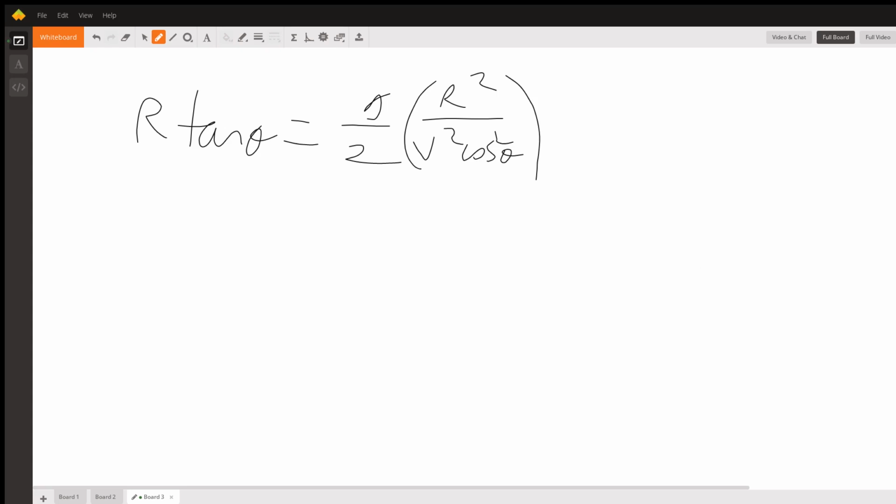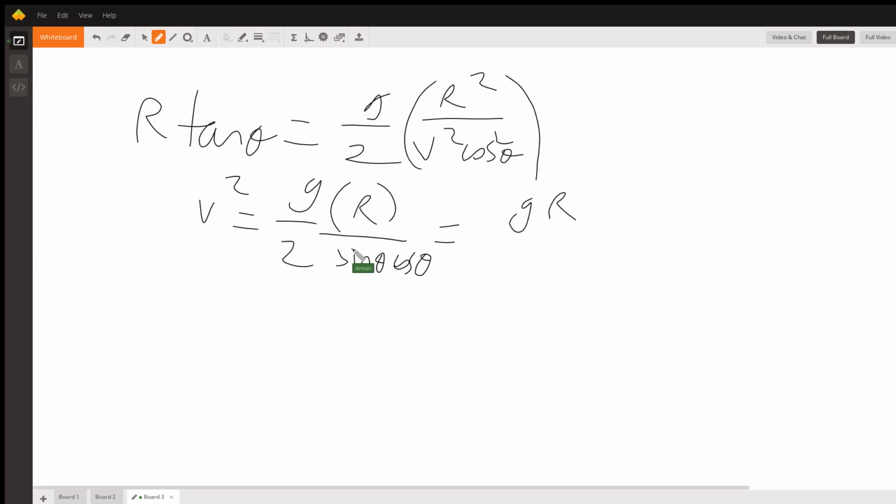So you get V squared equals g over 2 times R over sine theta cosine theta. And 2 sine theta cosine theta is the same thing as sine 2 theta. It's a trig identity. So you get V squared equals g R over sine 2 theta.